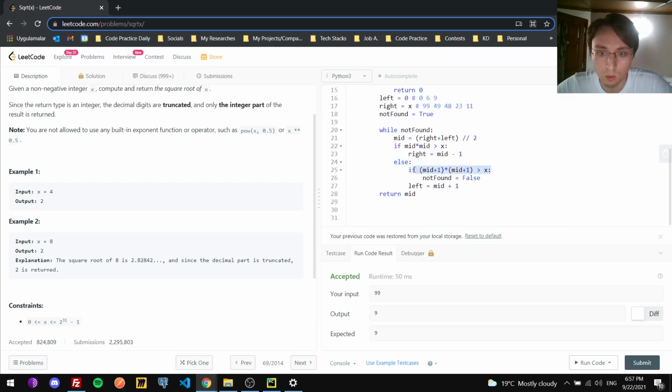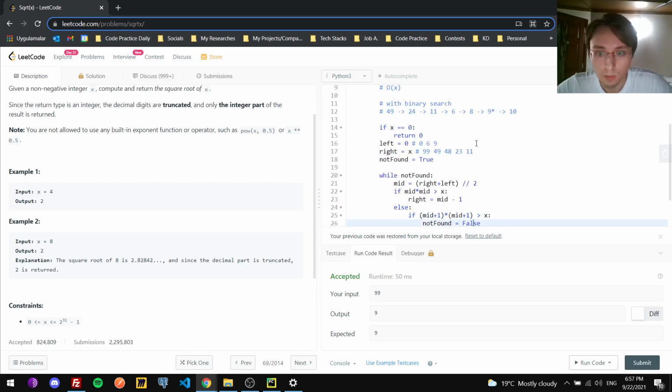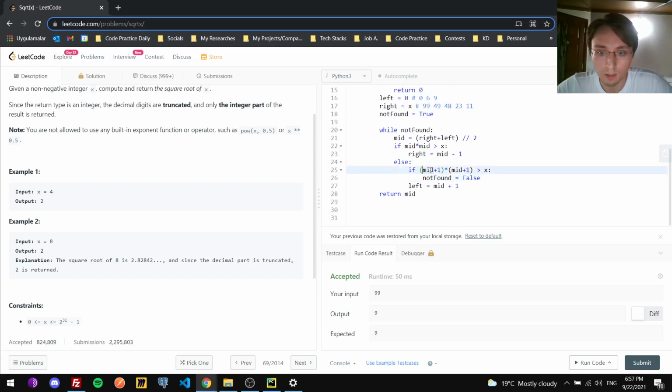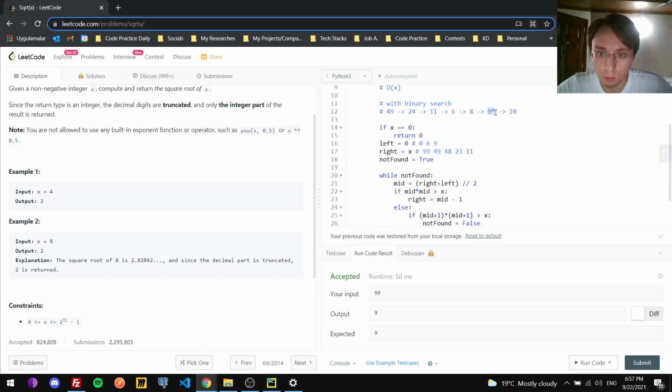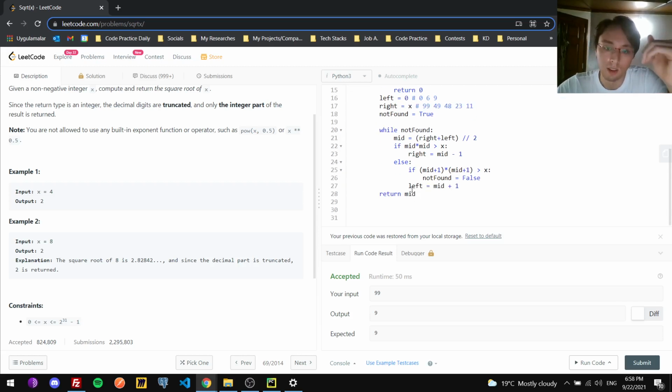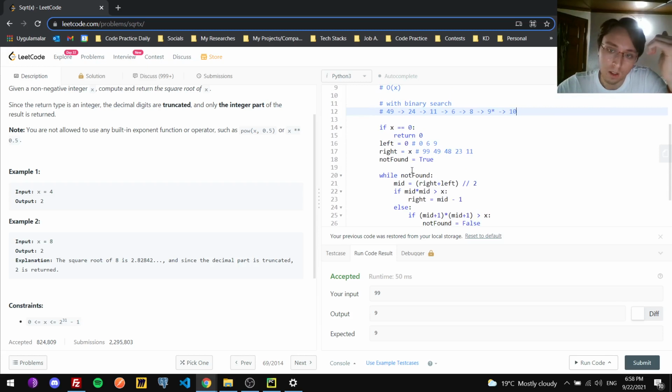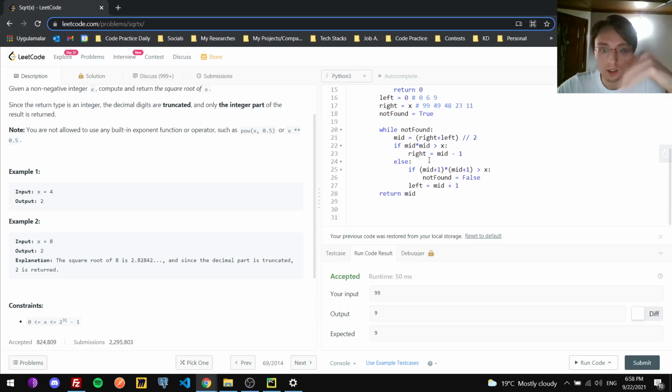The critical part is to think about this because you have to know when to stop. You are looking for a point where mid plus 1 times mid plus 1 is greater than x, and also the current mid number is smaller than x.